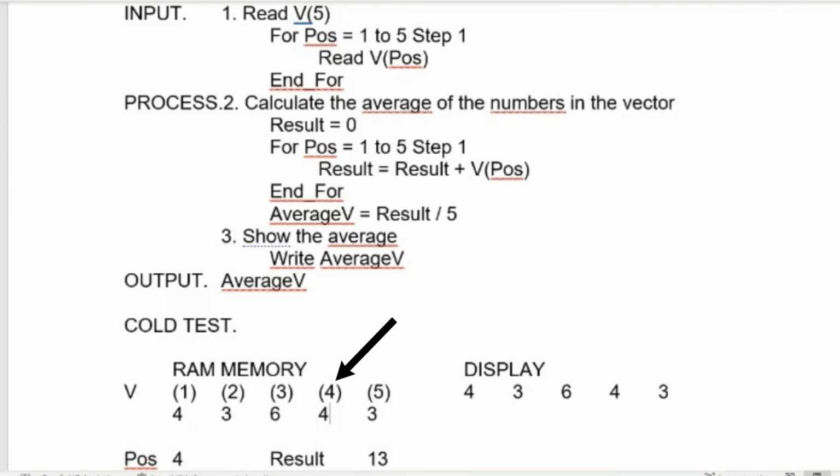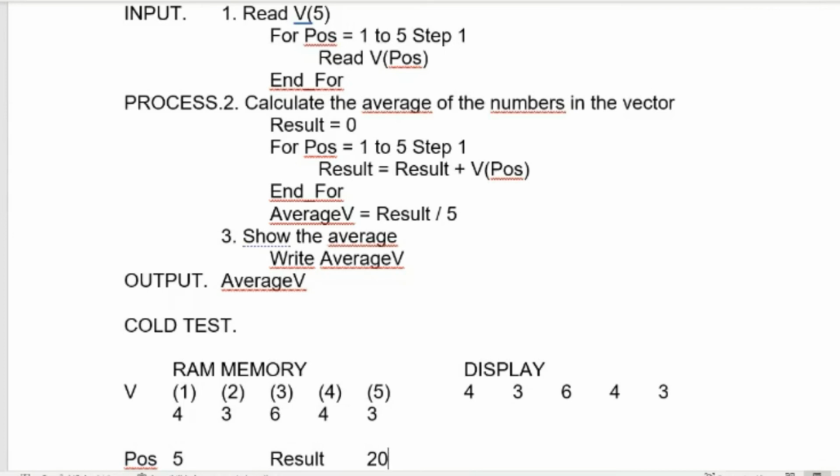So that means number 4. Result 17. And for step 1, 4 plus 1 is 5. Now the instruction result is equal to result 17 plus vector in position pos, position 5. That means 3. 3 plus 17 is 20.